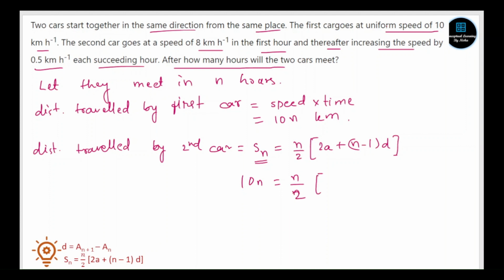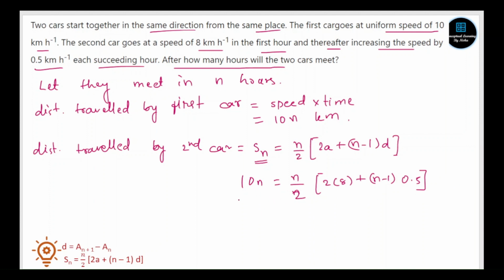Initially the speed was 8 kilometers, so 2 times 8 plus n minus 1, and the speed is increasing by 0.5, so d is 0.5. Do you understand this one? Right? Now it is very easy to solve.